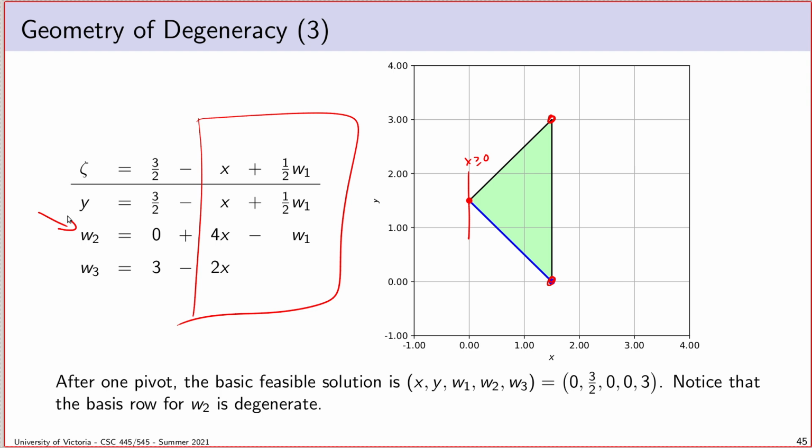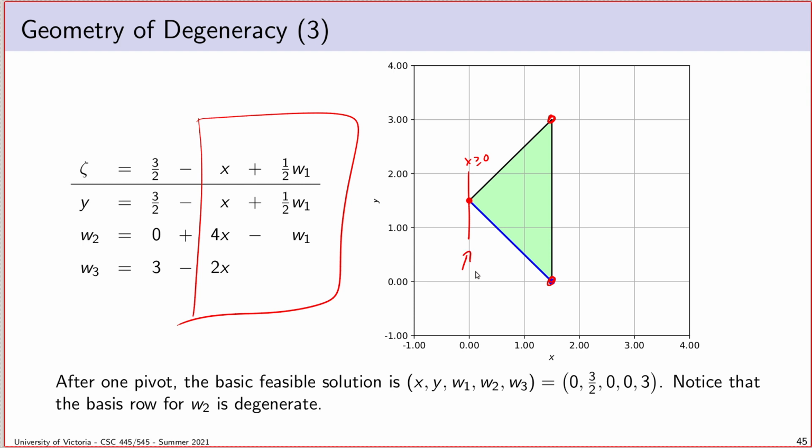Because there are cases where more than n constraints intersect when you're working in an n-dimensional LP. And that means that whatever extraneous constraints are present, they have to be basic. And we can't necessarily even guarantee that the one that ends up being basic is the one that we don't need. So I mentioned that really the constraint x is greater than or equal to 0 is the extraneous constraint here.